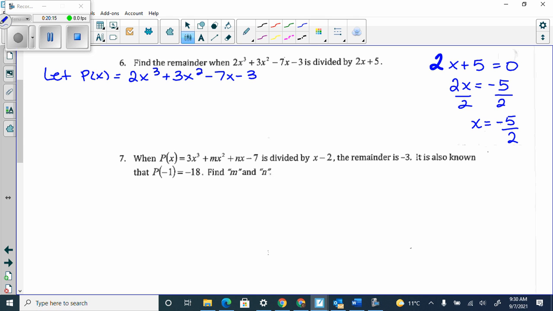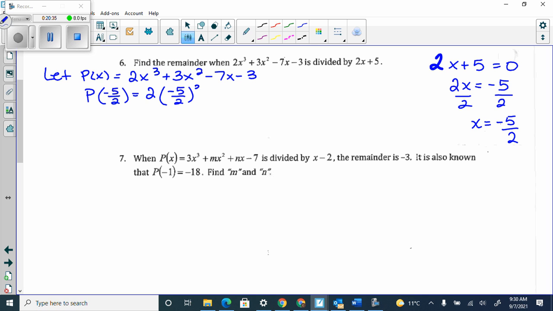If you want to use function notation and I didn't make it a function, you'd have to let it be a function, like let p of x or f of x or g of x equal that function. So we're going to do p of negative 5 over 2, because I stated it as a p.